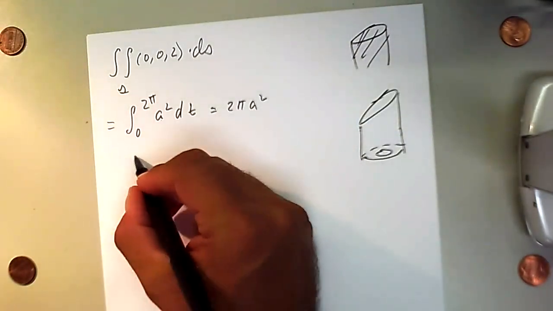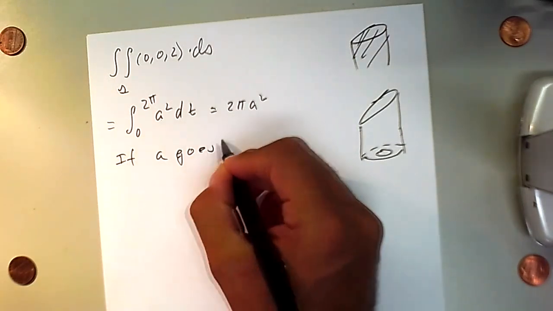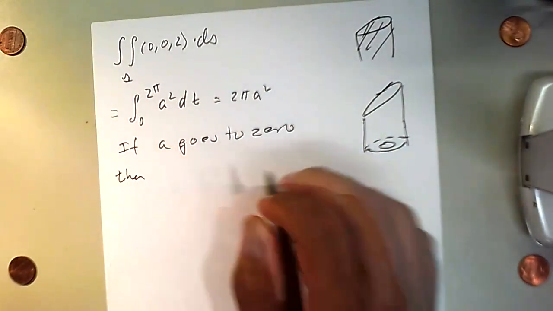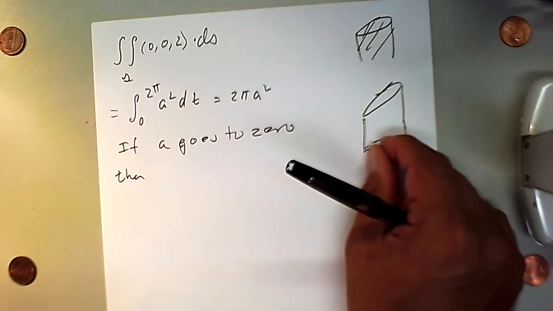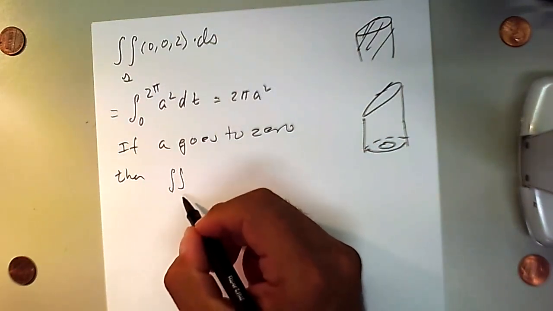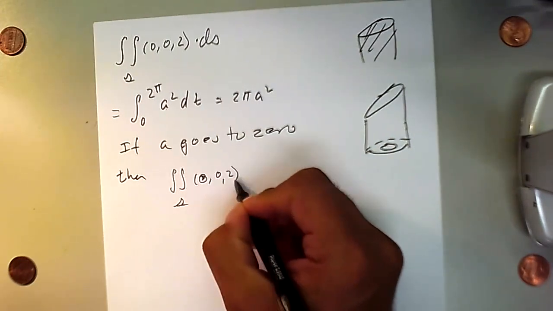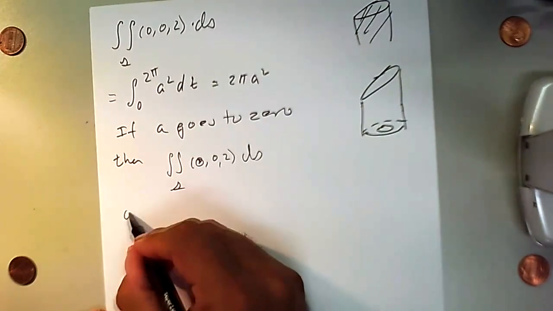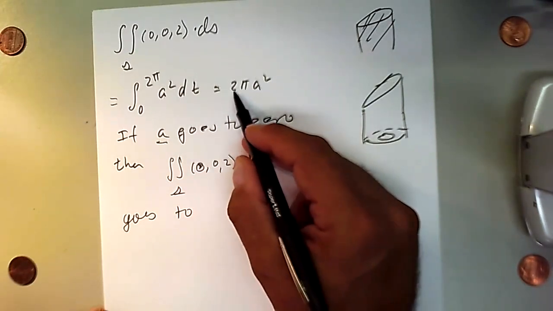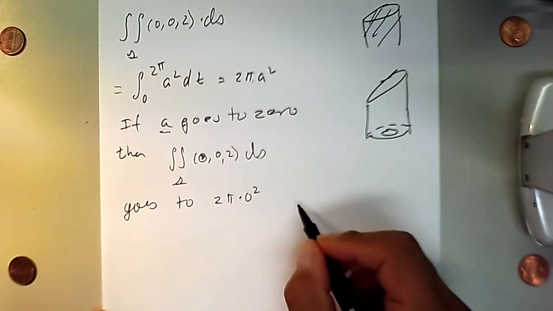So what happens if we send a to 0? If a goes to 0, all right, then if this shrinks and gets smaller and smaller, then the double integral over S of 0, 0, 2 dS goes to, okay, so if a goes to 0, we're going to go to 2 pi times 0 squared, which is the same thing as 0.